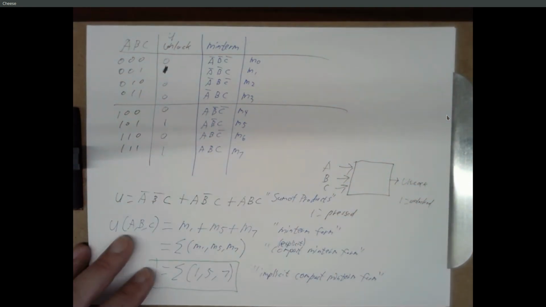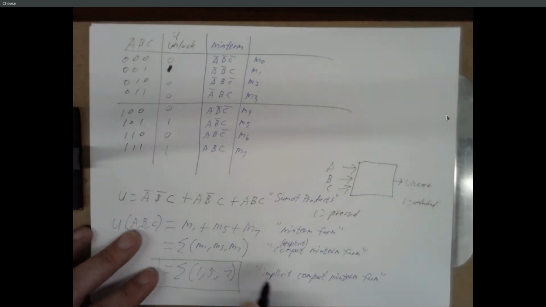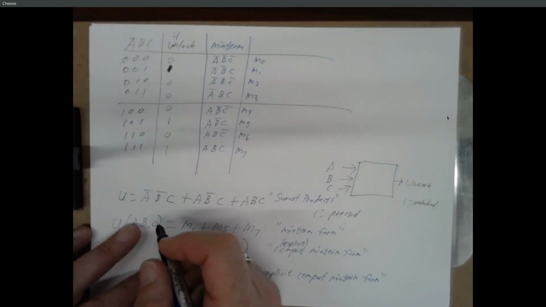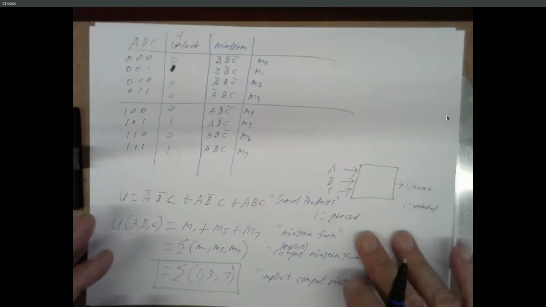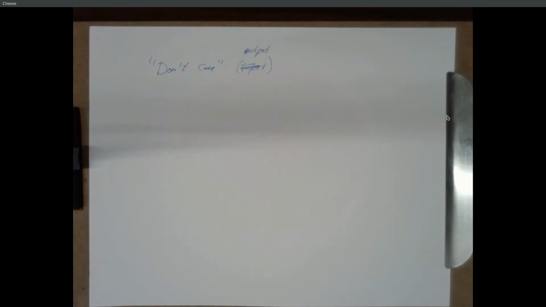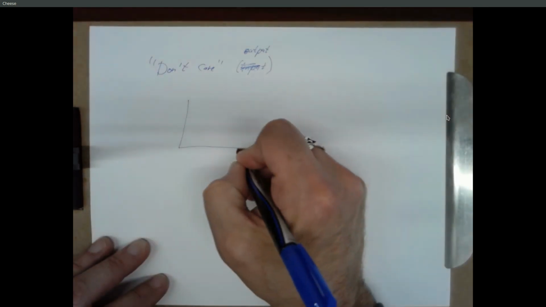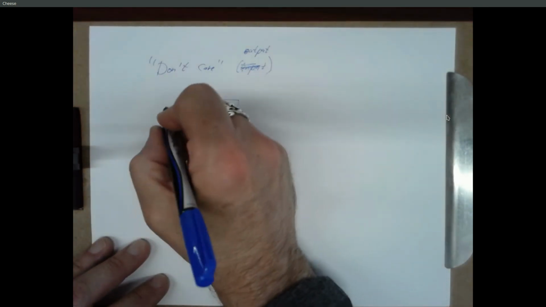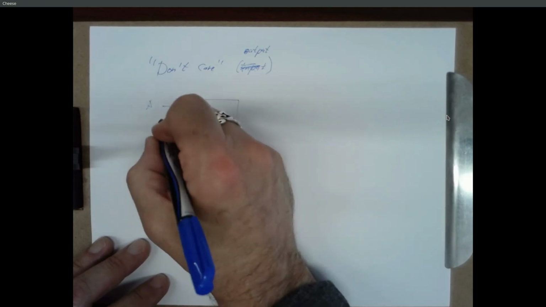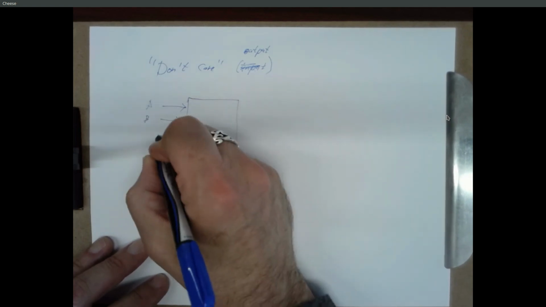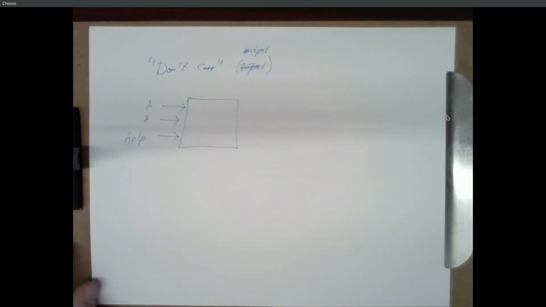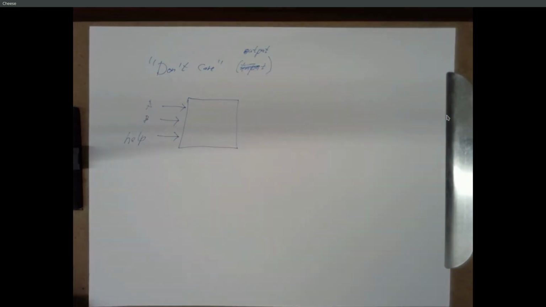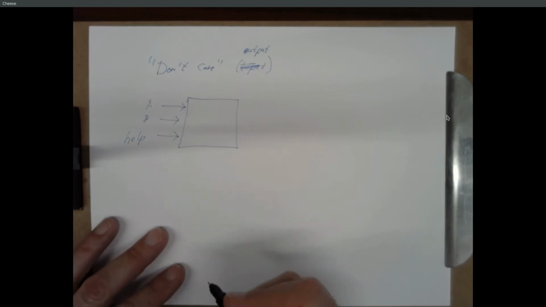But it may be that there's an extra button. Where can I find an example here? It's not going to work with this example. Let's say we're building a circuit, and here's an A, and here's a B, and here's a help button, which we can use for some purpose.